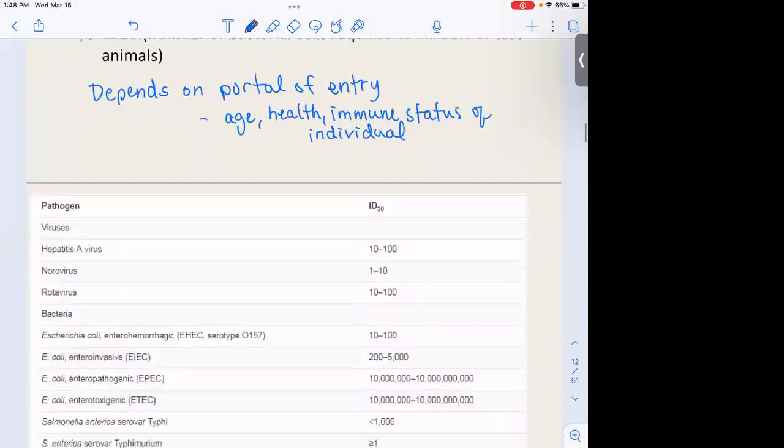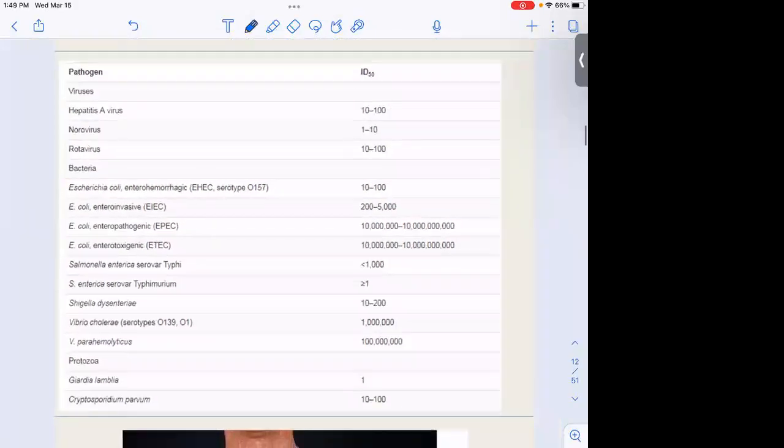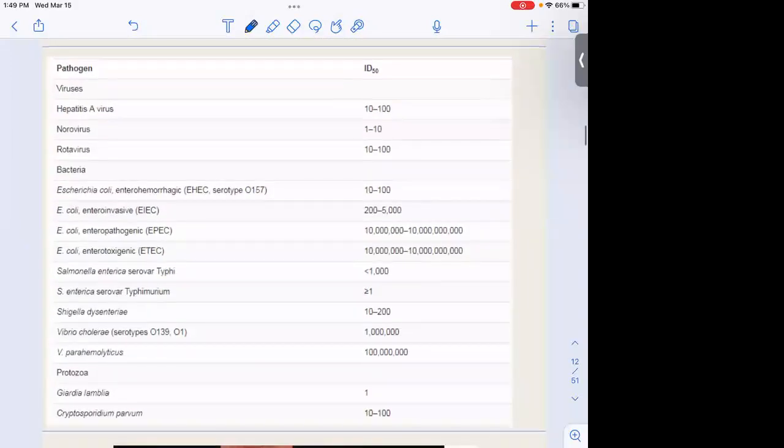But here's just an example of, I think this was from your textbook, some pathogens and their infectious dose, the average infectious dose, we think. So it varies. Sometimes it's as little as one virus particle, okay, norovirus. That's the one that makes you come out at both ends at the same time. It's awful. Salmonella typhimurium, that is salmonella food poisoning, okay?